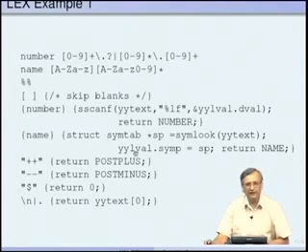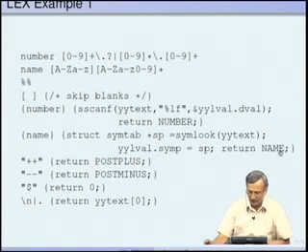YYLVAL.simp is nothing but that pointer value, a pointer into the symbol table for that name. And the token is the integer code returned by this action code. Similarly, for double plus it returns post plus, for double minus it returns post minus, for the end of file dollar it returns 0, and any other character including new line it simply returns the character itself.